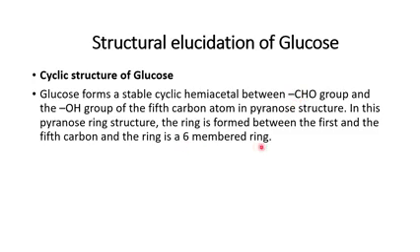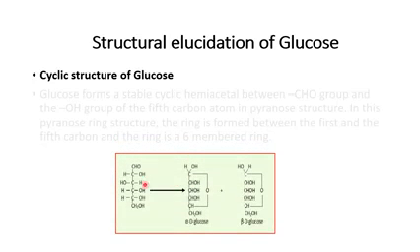A six-membered ring is formed because it is more stable than five- or seven-membered rings, due to bond angle, which we call torsional strain in chemical terms. So this is the cyclic structure of glucose. When the OH is on the right-hand side, it is called alpha-D-glucose, and when the OH is on the left-hand side, it is called beta-D-glucose.